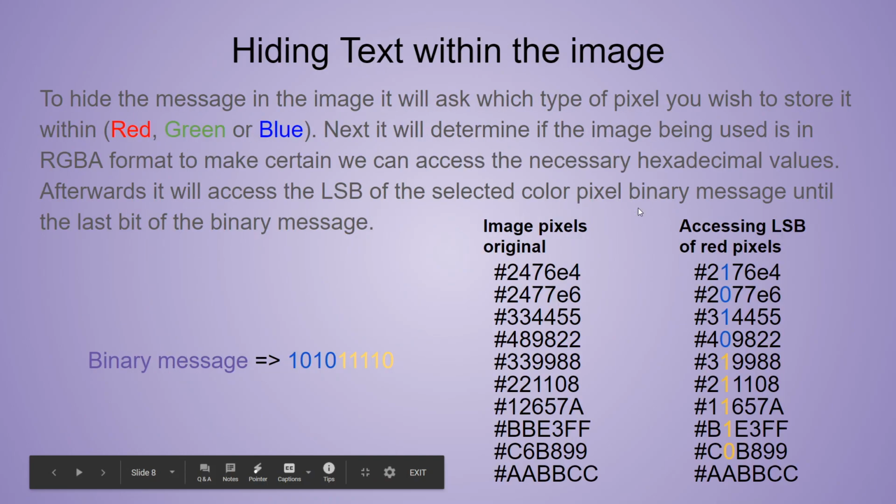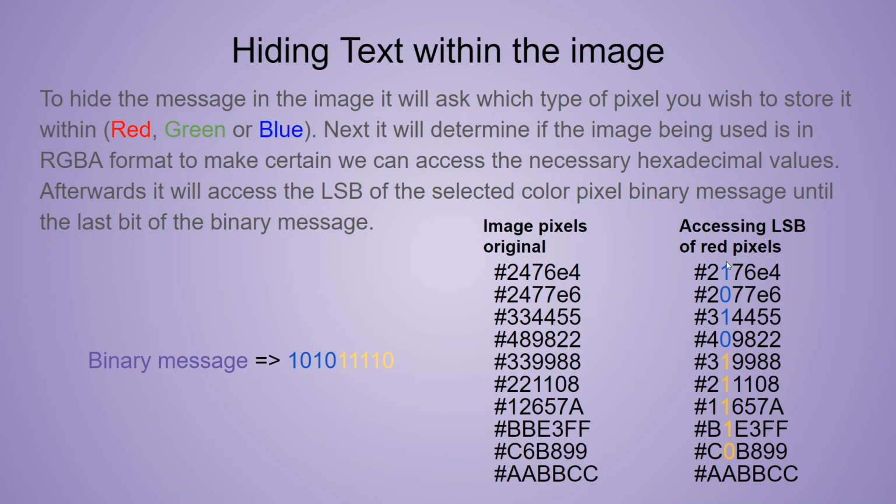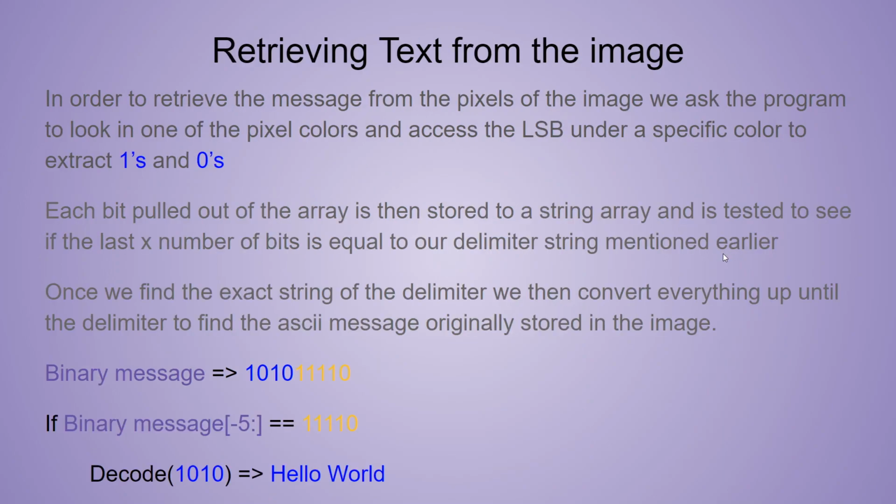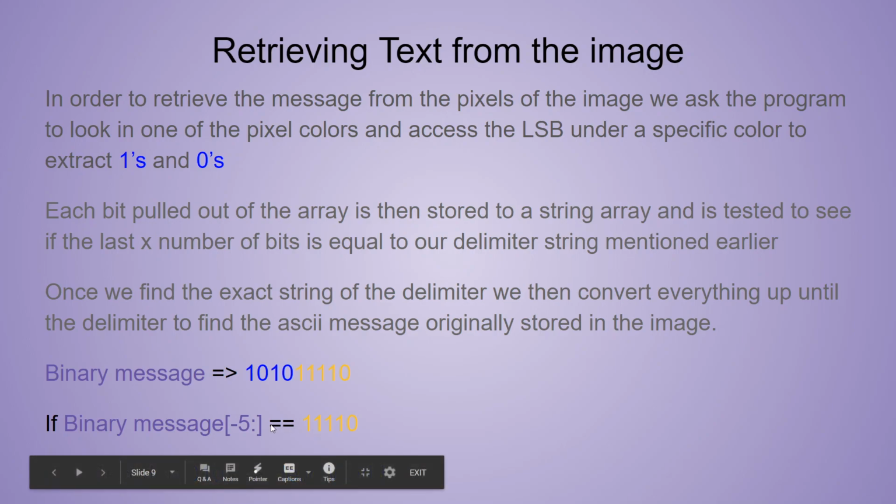If I told the person we were looking at the red pixels, they would look at the least significant bits of said red pixels and extract them, and as you're going through the image, test to see if the last 5 digits of the binary message is equivalent to our delimiter binary string that we established earlier.